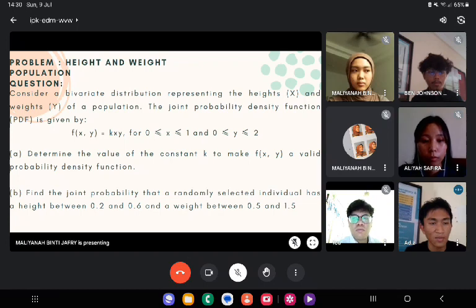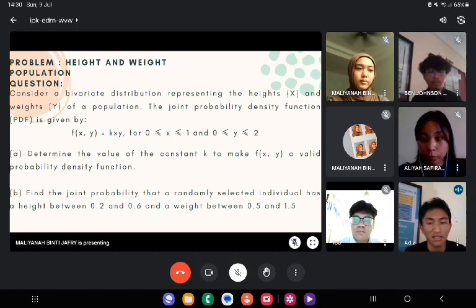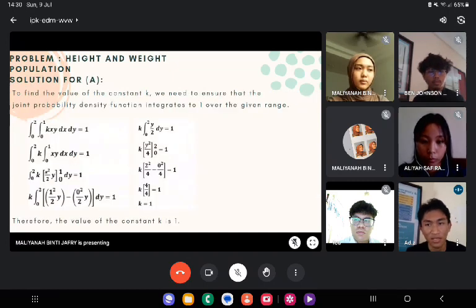A. Determine the value of the constant k to make f(x,y) a valid probability density function. And for question B, find the joint probability that a randomly selected individual has a height between 0.2 and 0.6 and a weight between 0.5 and 1.5. We go to the next presenter.